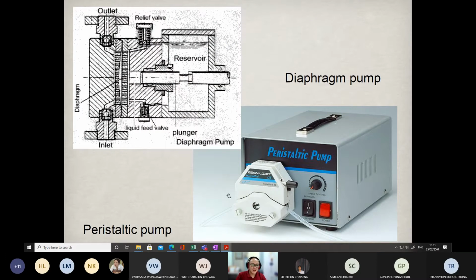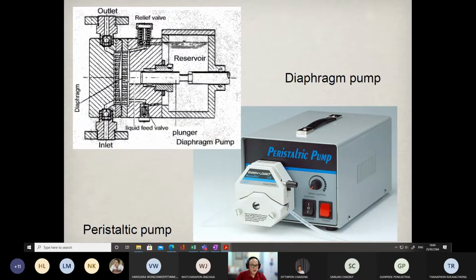This is a picture of the positive displacement pumps. There are two types of pumps shown here. This one is the diaphragm pump. This one is the peristaltic pump. For the diaphragm, there is a plunger here.